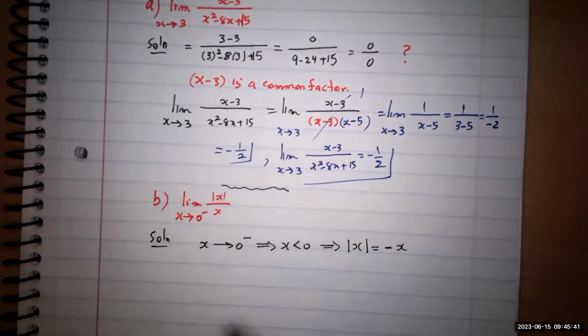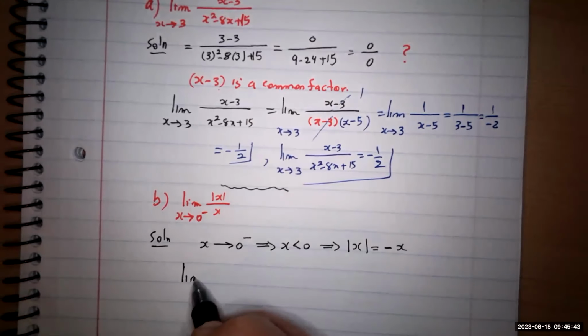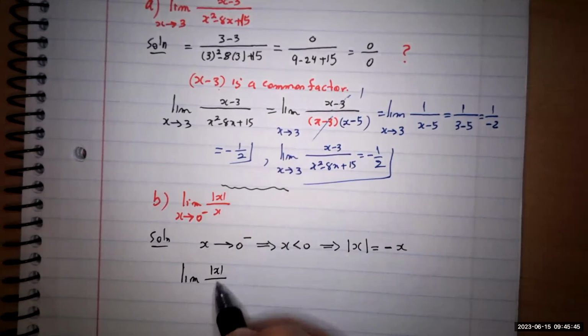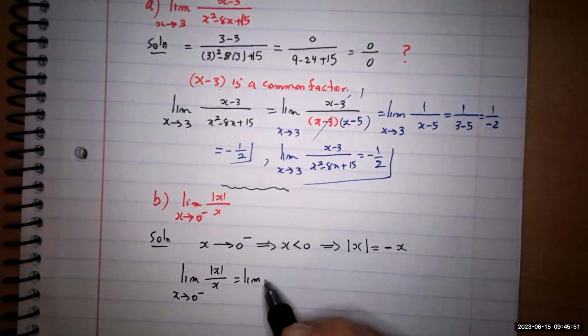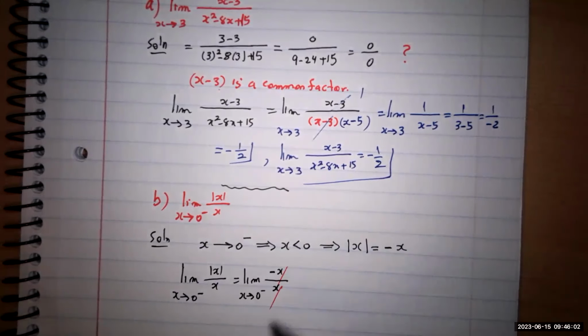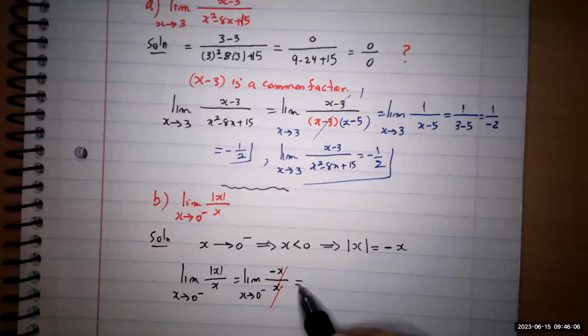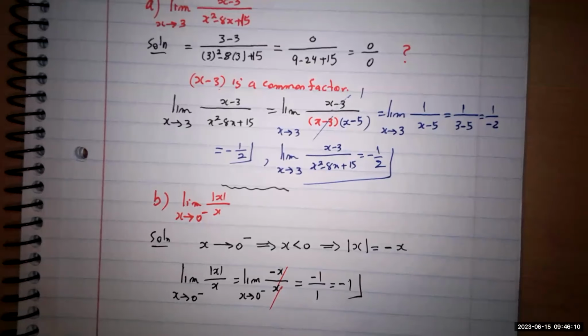So go back, substitute, take the limit. It's the limit of the absolute value of x over x as x goes to 0 negative. You change it to the limit of negative x over x as x goes to 0 negative. You have the common factor x, so you simplify it. On top we get negative 1 over 1, which is negative 1.